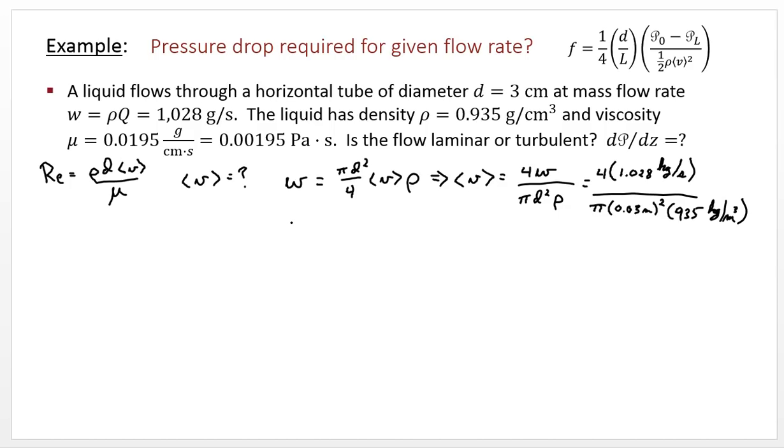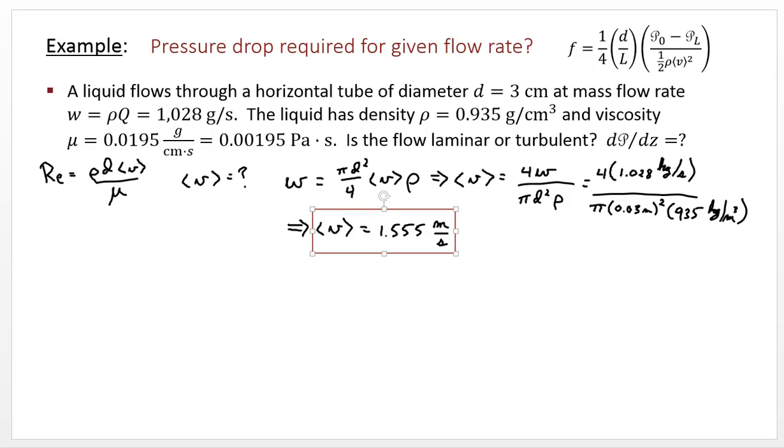And so what we find here is that the mean velocity of the liquid through the tube is 1.555 meters per second.